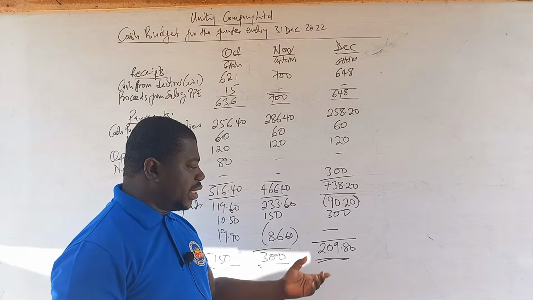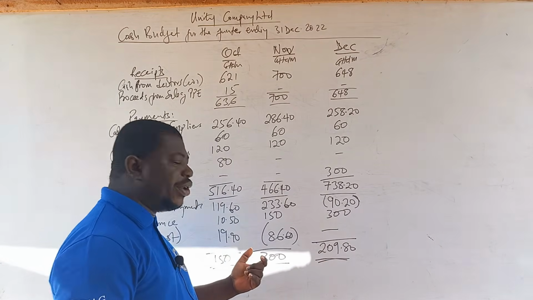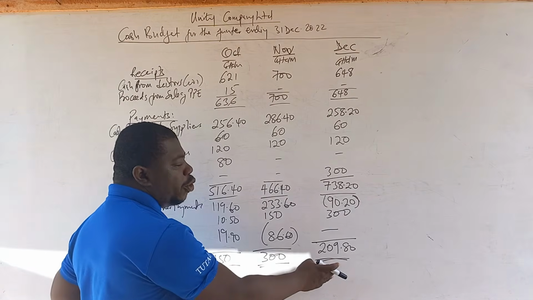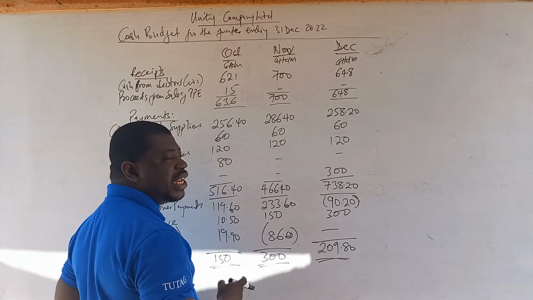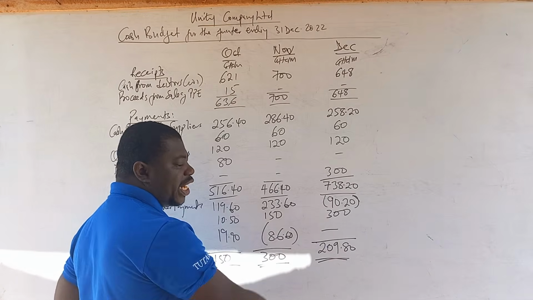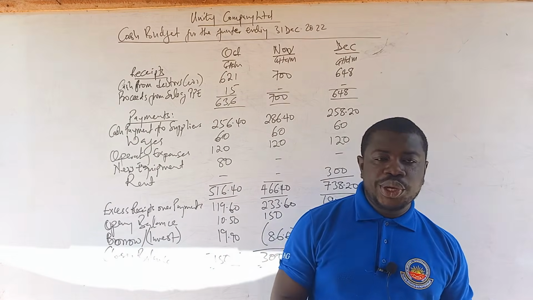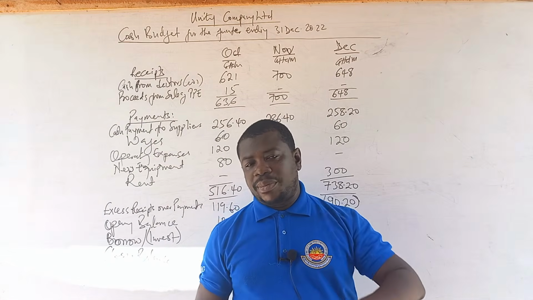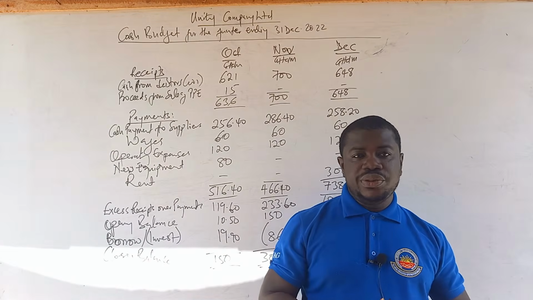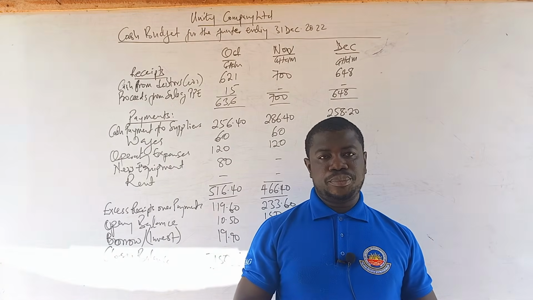And for the final month, just as I taught you, it is within the range. And so the only acceptable balance is when it is within the range of the minimum and the maximum. That is when there is no activity of borrowing or investing to either top up the cash balance or to reduce the cash balance.